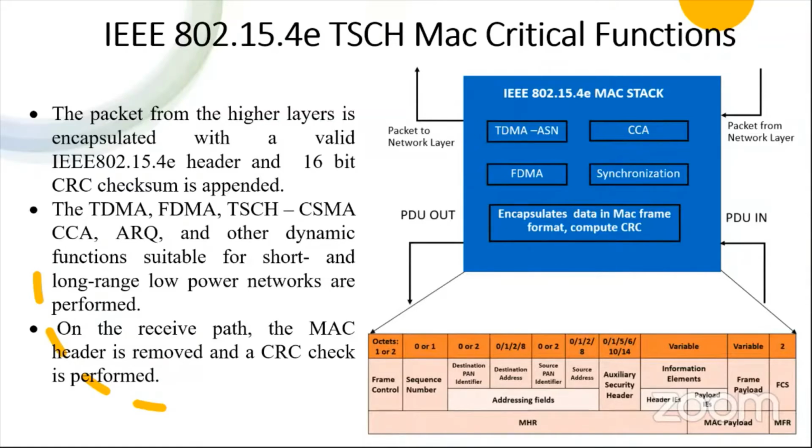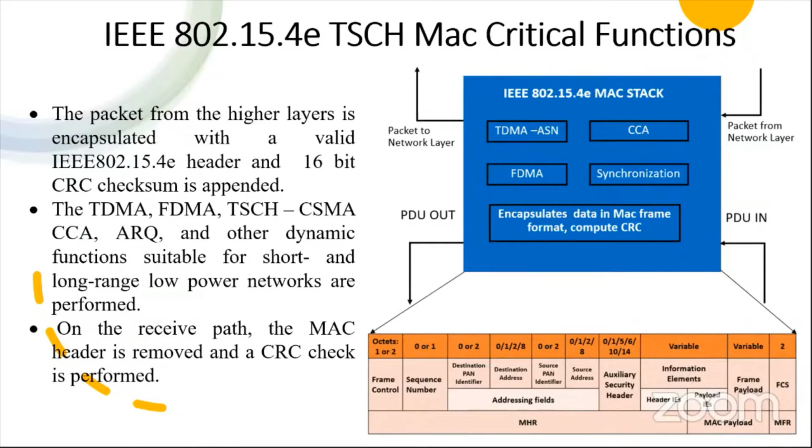Then the PAN identifier, source address, destination address, PAN ID, sequence number, frame control, frame payload, and FCS. If you are from the world of 80s and 90s, you quickly realize that this frame structure is called LLC, logical link control, or even if you take PPP, you will find that the frame structure looks very similar to point-to-point protocol. But anyway, LLC is what it is, and the frame structure you see is no different here.